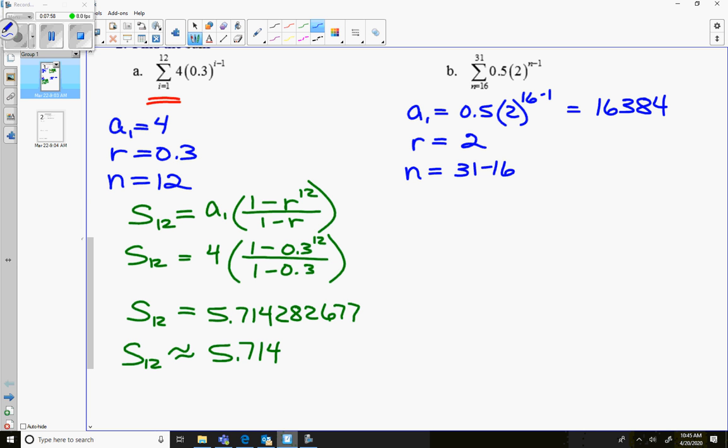But we want to count that initial starting point of 16, so you do have to add 1 to count where you actually were when you started. So from 16 to 31 would actually be 16 terms. And then use your formula. So we want the sum of the first 16 terms.